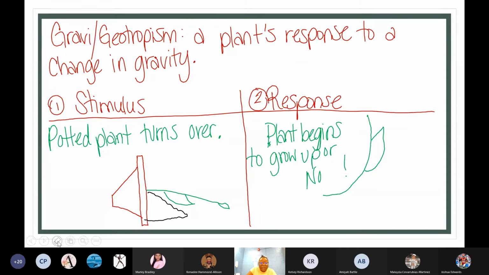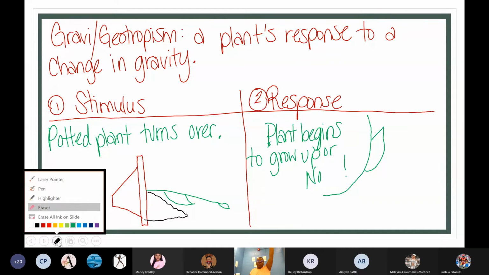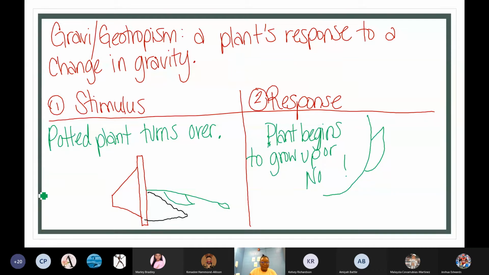Remember, it's important for us to know that plant wants to grow up so that it can find light, so we can have access to water. So it wants to be able to grow up, and it will naturally do that. That plant begins to grow up. So while the soil has spilled out, my pot is still turned over, that plant will begin to grow up.